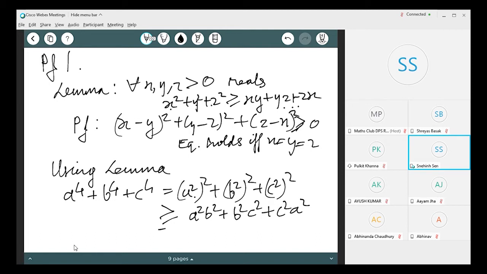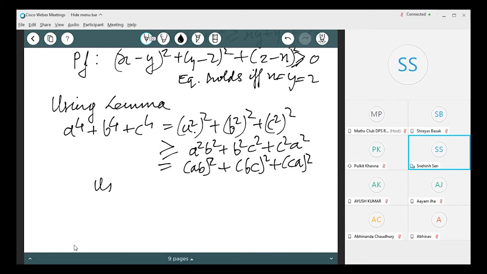But then again, what is this? ab whole square plus bc whole square plus ca whole square. And then again use the lemma. It's not 2, sorry, it's Z, my handwriting.